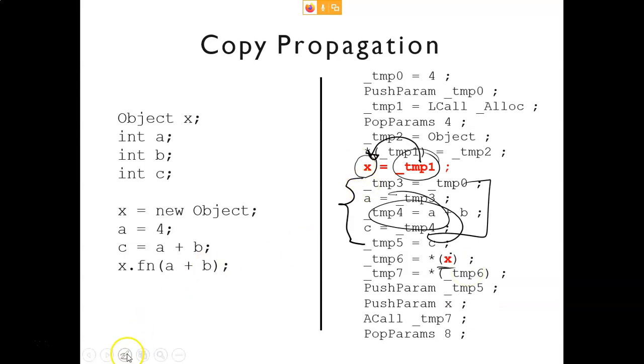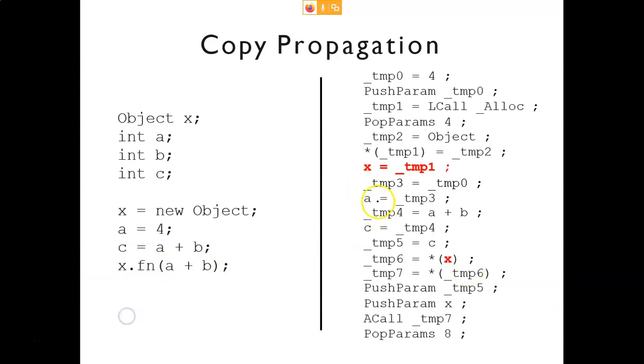You can replace this occurrence of X with temp1, because you are assigning temp1 into X, and in the middle you are not changing X and you are not changing temp1. Similarly, you can replace this X also with temp1, because anywhere you are not changing X or temp1.